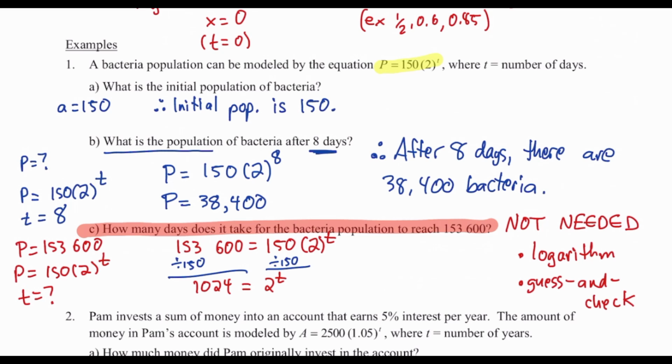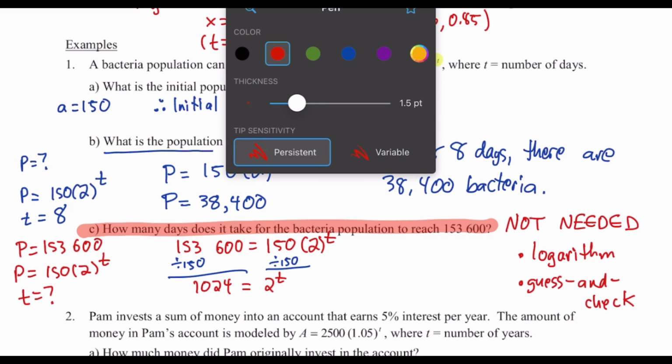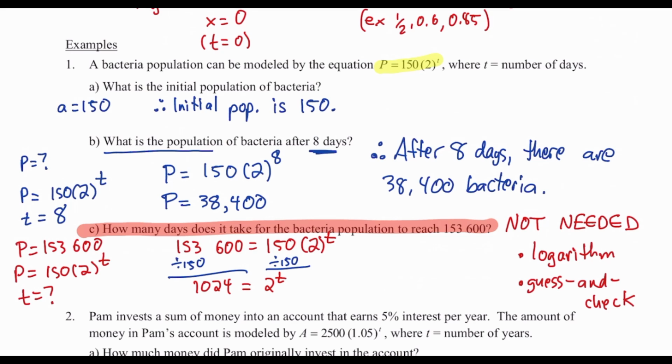And basically what we're going to do, and once again, I just want to show you that this is possible, we're going to take the logarithm of each side of the equation. So we're going to take logarithm base 2 of this side of the equation and logarithm base 2 of this side of the equation. So really, what am I going to do on my calculator?